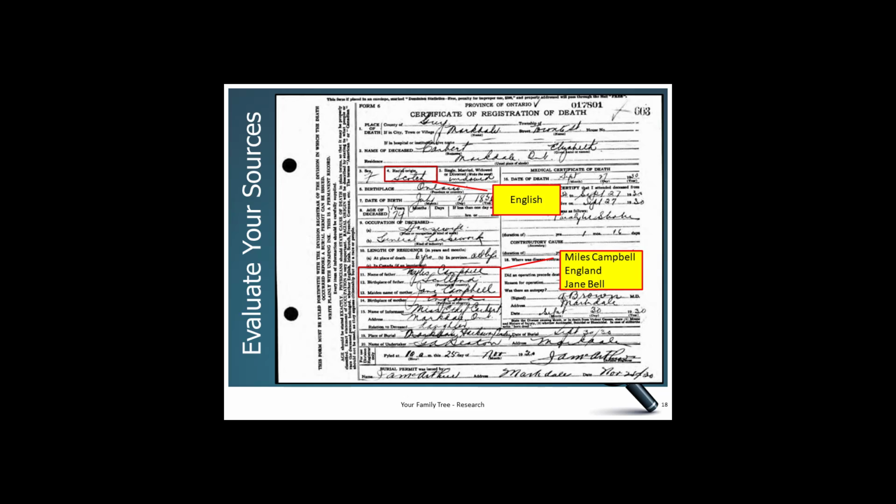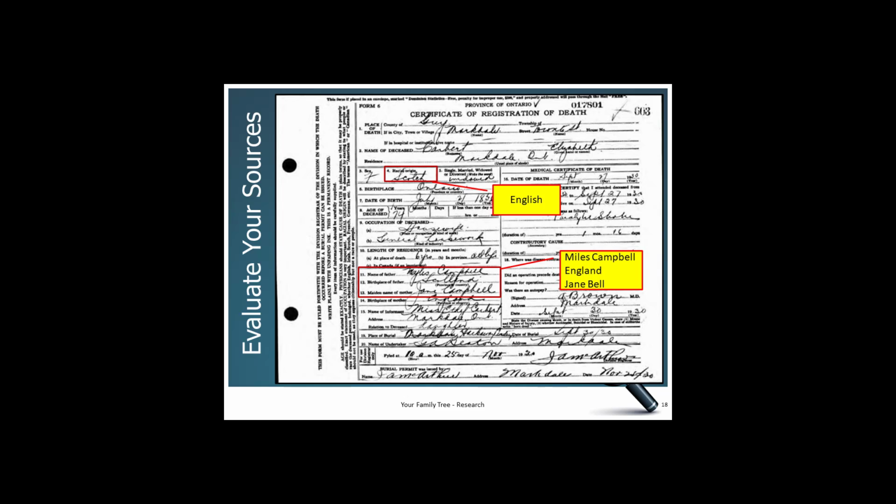Number 11, name of father, Miles Campbell, M-Y-L-E-S. That's incorrect. The name is M-I-L-E-S. Miles Campbell. Birthplace of father was listed as Scotland. No, it's England. Maiden name of mother, Jane Campbell. No, it's Jane Bell.